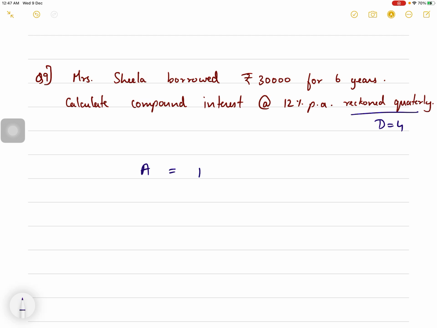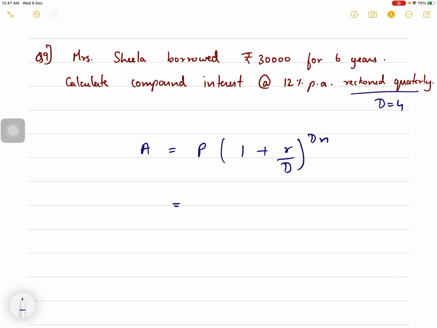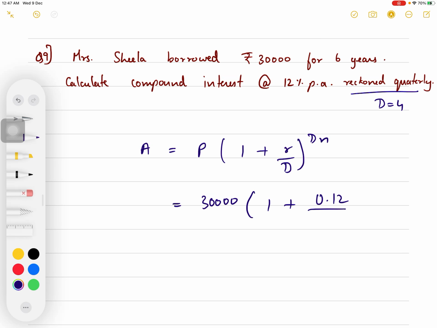So A is equal to P into 1 plus R upon D raised to Dn. Principal is 30,000. 1 plus R. R is 12%, so 0.12 upon D. D is 4, N is 6.